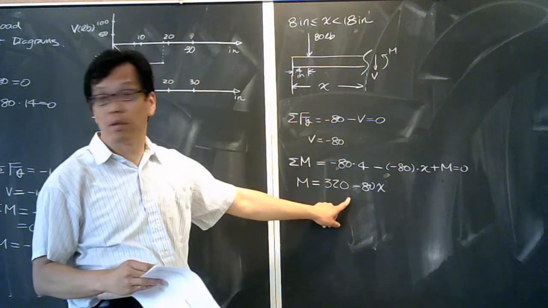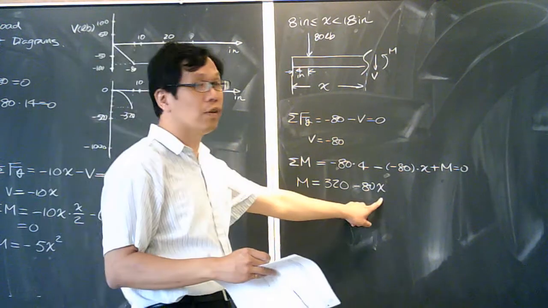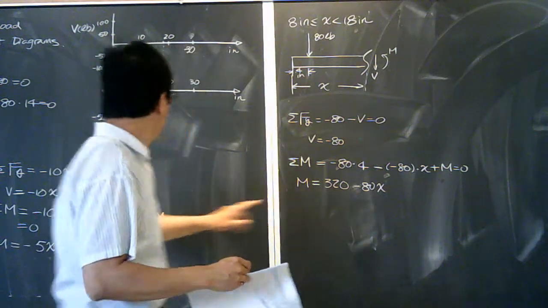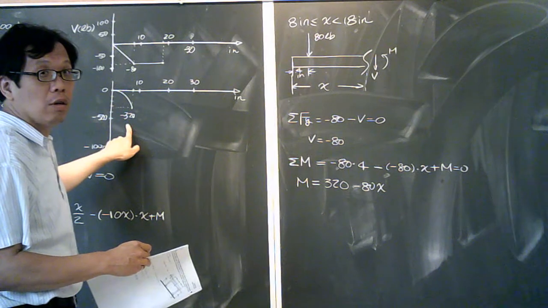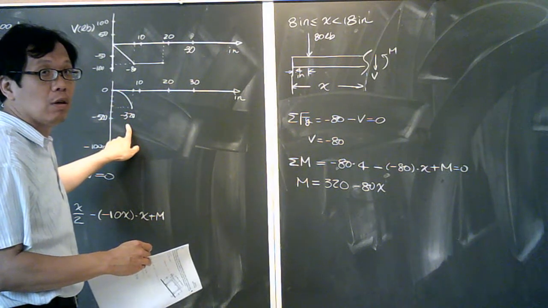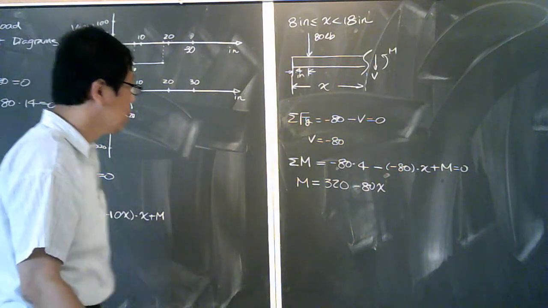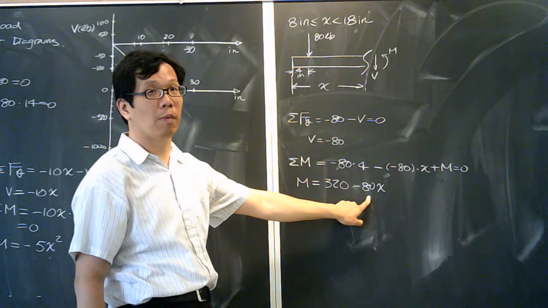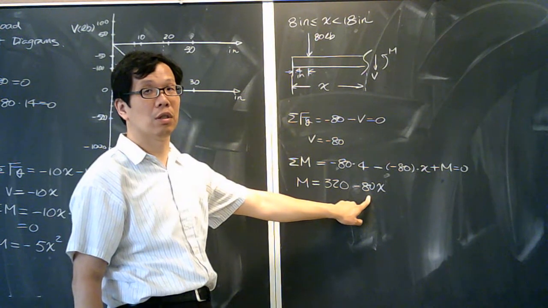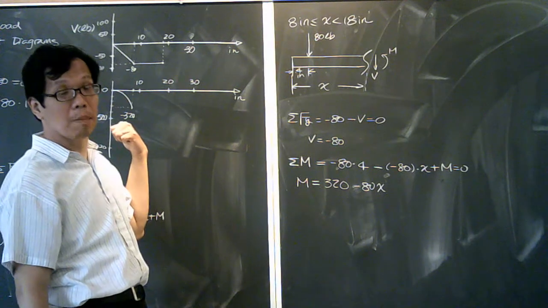So if you put 8 over here, this equation must equal negative 320. If you fail to do that, you're going to destroy your beam right on the spot. Okay, so if you plug 8 over here, how much are you going to get from this equation? Negative 320. They must be the same.